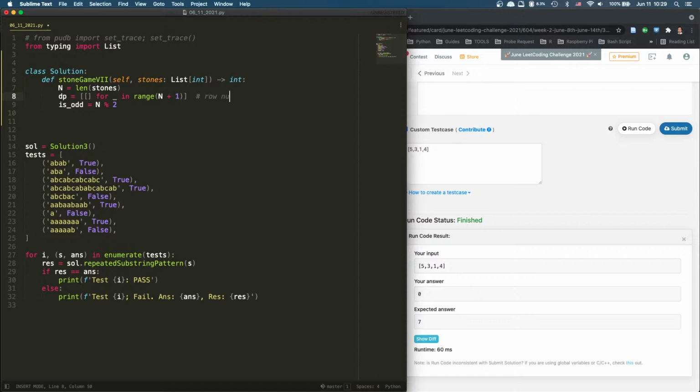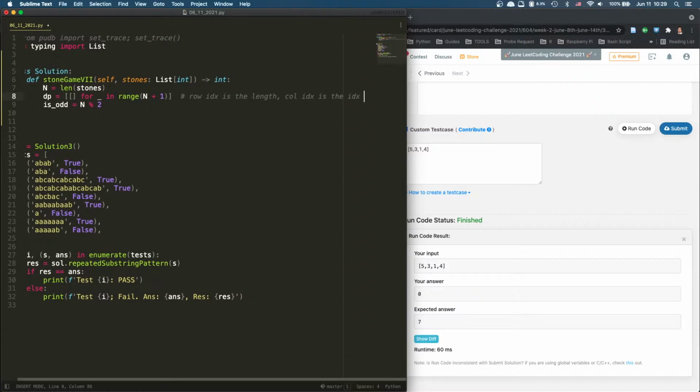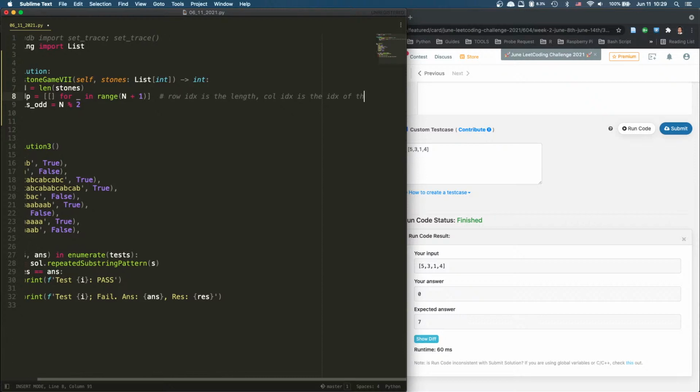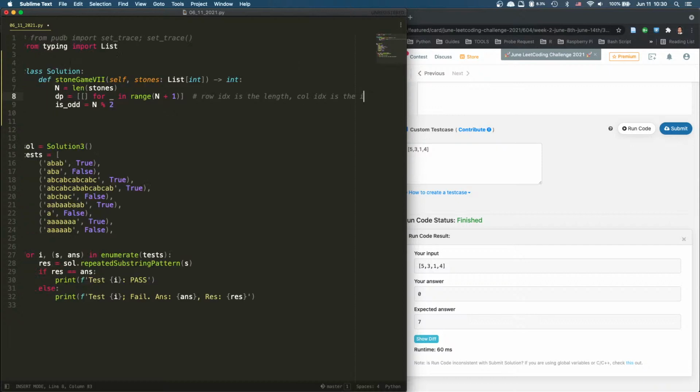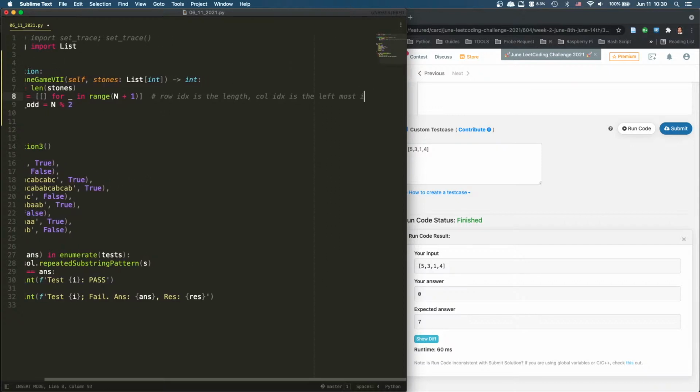Row index is the length, and what's the column index? Column index is the index of the left. The leftmost index is the leftmost index.